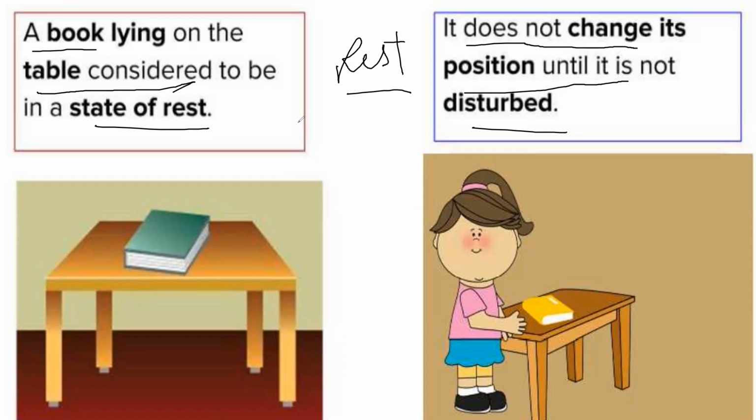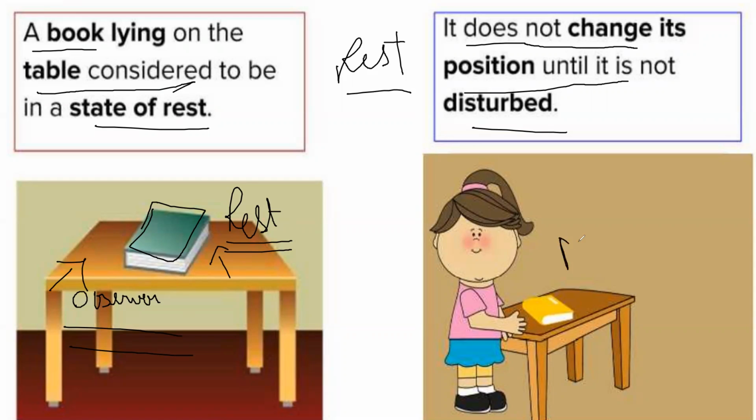Here a book is lying on the table. It is at rest as it is not moving. If you see this book, it's not moving. Even if the table is the observer, it's still not moving. But if you take this book, if you disturb it, then it is in motion.